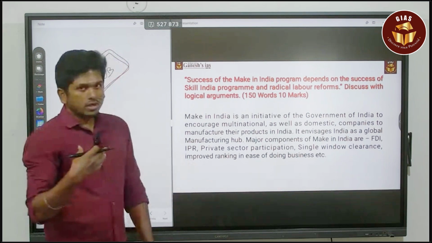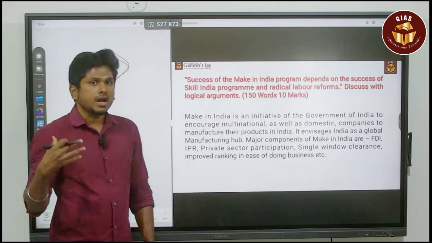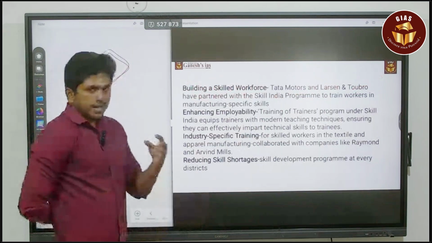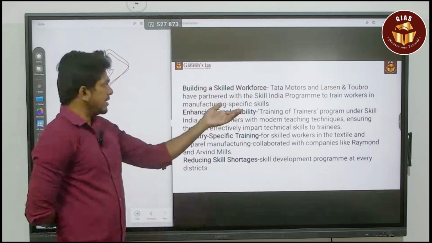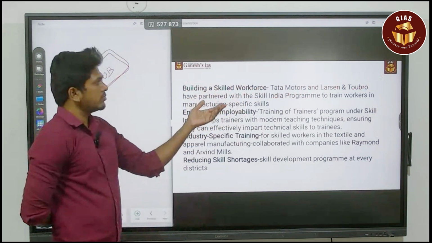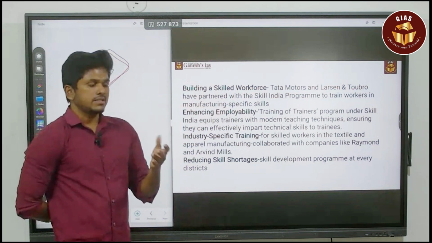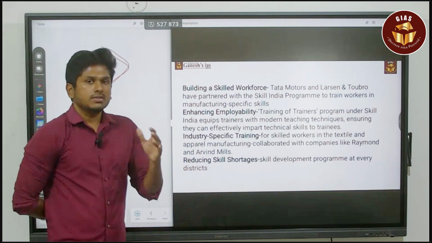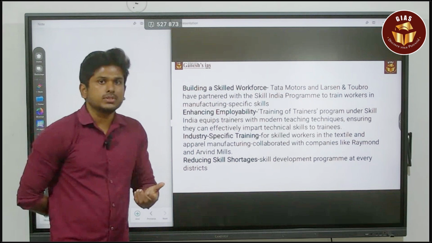Now you have to speak about the connection between Skill India and Make in India. Here it is. Under the Skill India program, Tata Motors and L&T have partnered with Skill India to train workers in manufacturing-specific skills, like welding, painting the outside of cars, lathe work, or manufacturing small nuts and bolts.